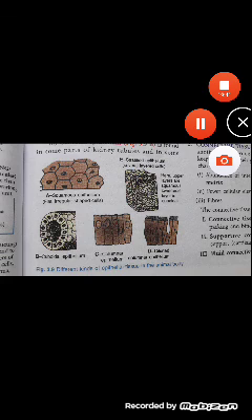The matrix also contains other types of cells. This tissue is present in the spleen, liver, bone marrow, etc.